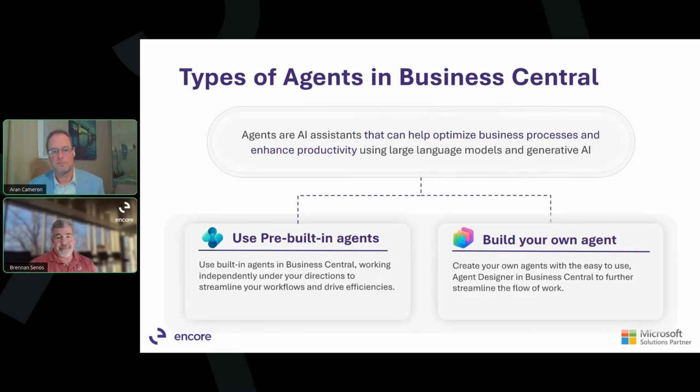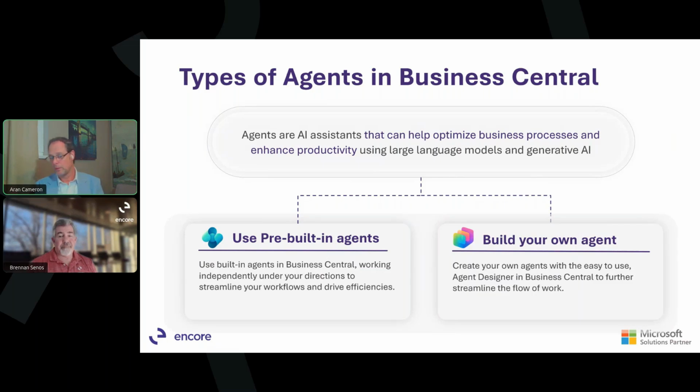to optimize or enhance. Within Business Central, we've got two different ways that we deliver agents to customers at the end of the day. One is the pre-built agents that we just mentioned, the sales order agent and the payables agent. And by the way, Microsoft is coming out with more agents that will be pre-built for the general public to use. And then the other side of that is, of course, the build your own agent.